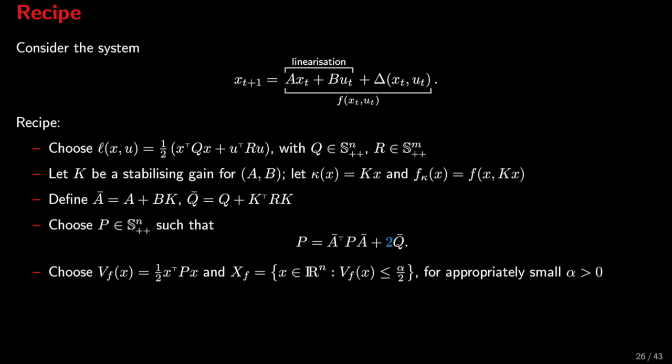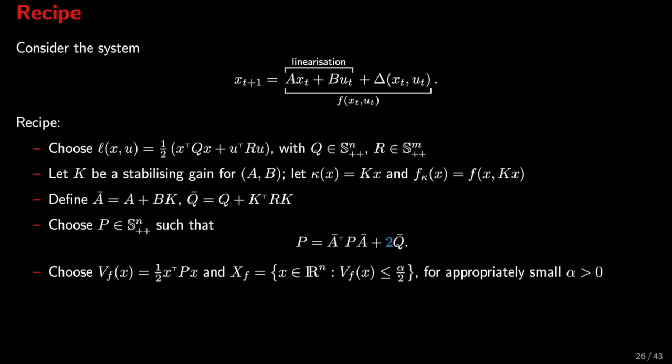So having computed this P, and there is a lot of software and algorithms we can use to determine this matrix P, we can define V_F, the terminal cost function, as 1/2 x transpose Px. And then we define the terminal set of constraints X_F to be a sublevel set of V_F at level alpha/2 for some value of alpha.